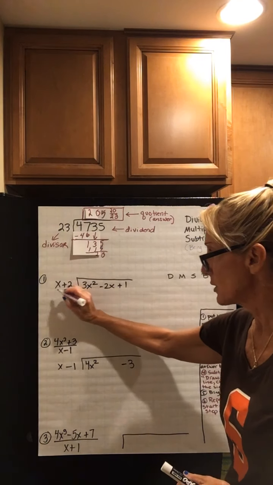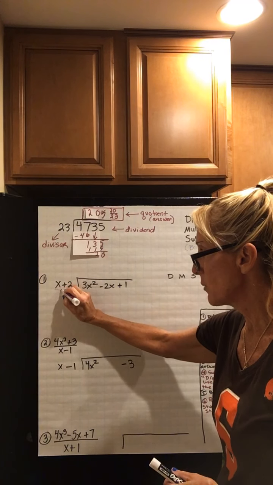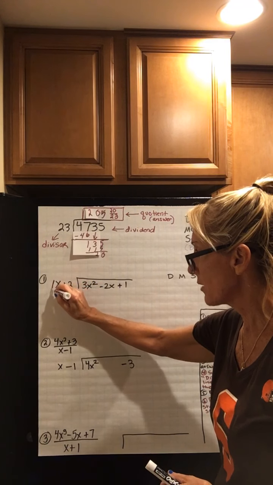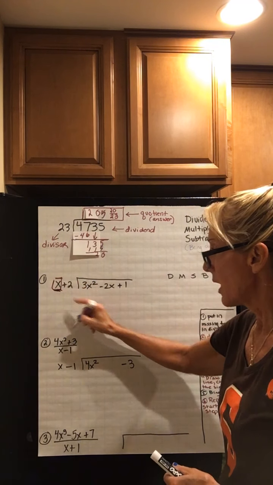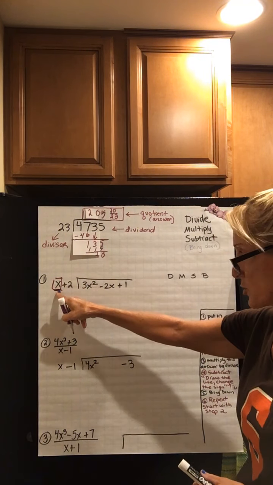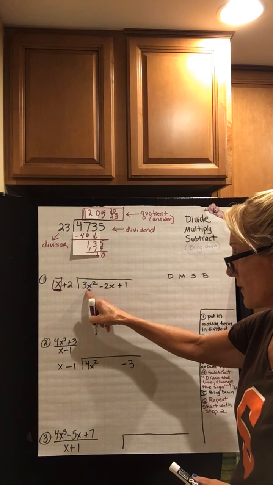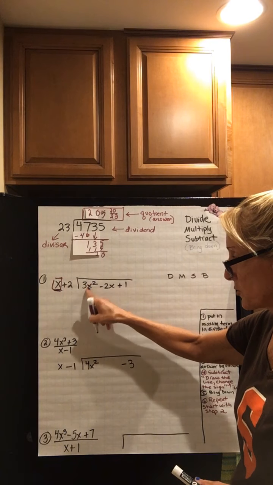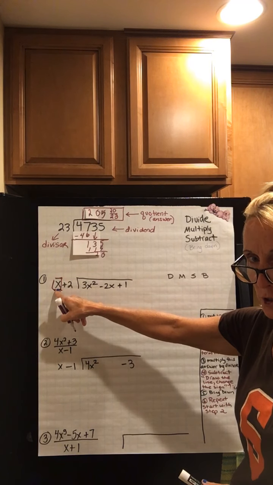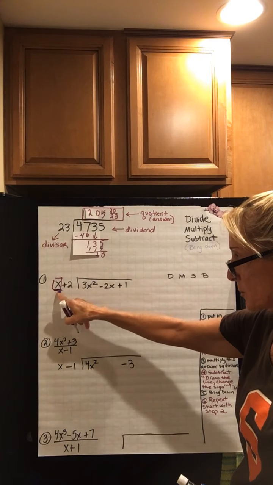So what you do is, you may want to either underline or box, or if you have a highlighter, highlight this, because you only use the first term. So you go to your dividend and you divide by this first term. Always the first term here.